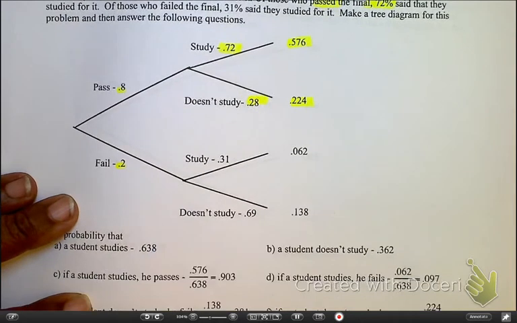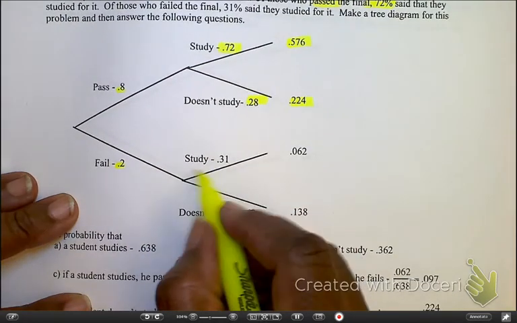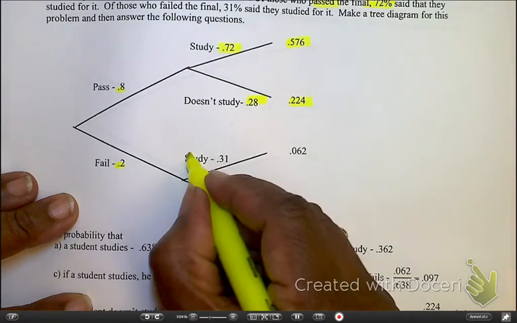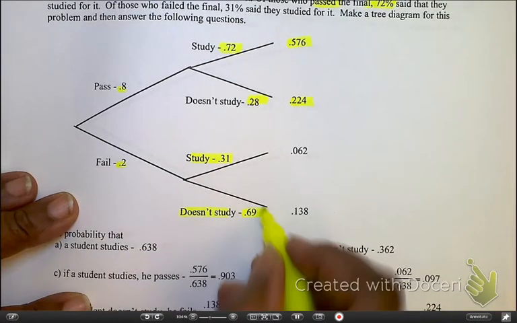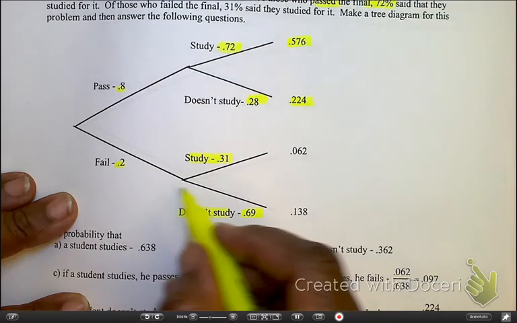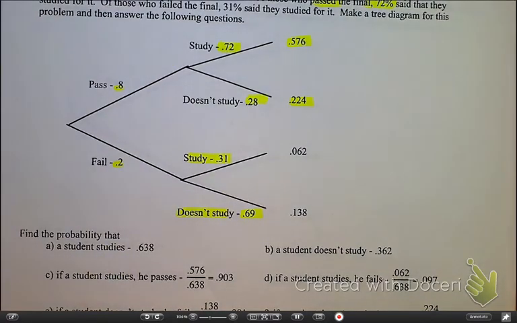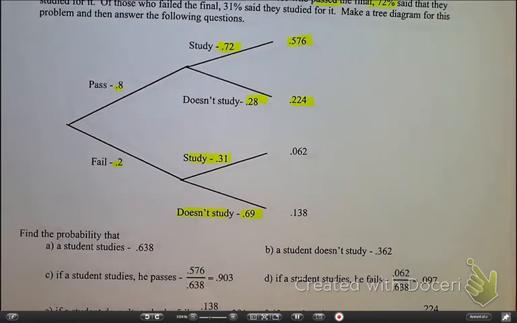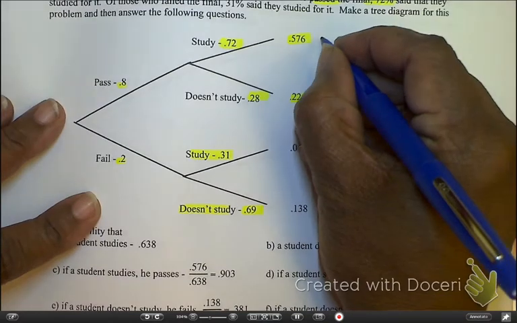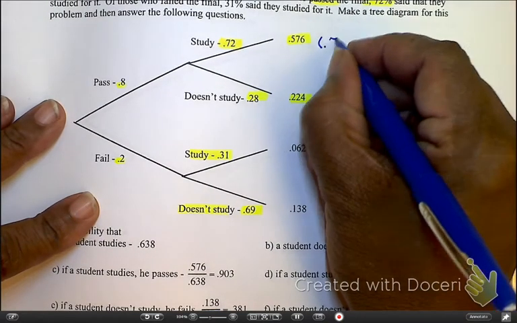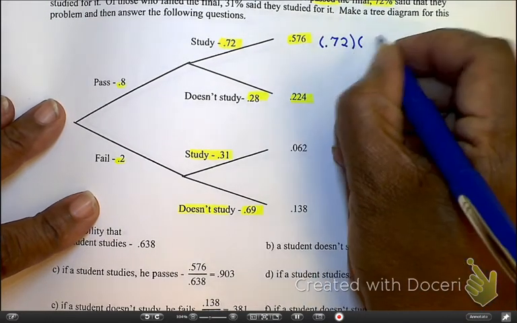As we continue going, here they failed, but they studied. They didn't study, and look at that failure rate. Please remember, as we are doing the math on this, this came from 0.72 times 0.8.